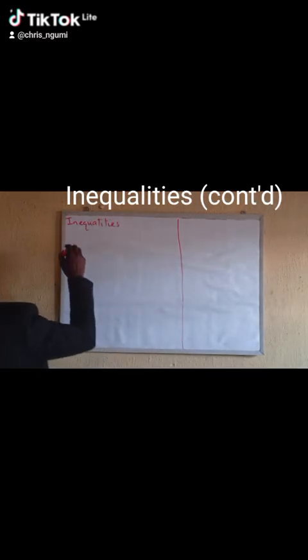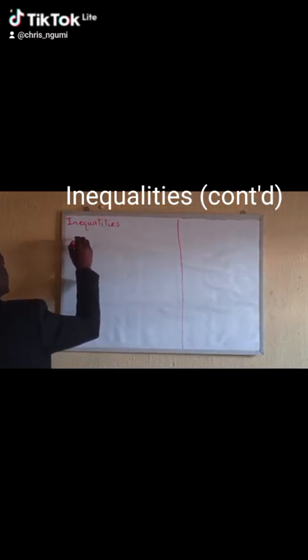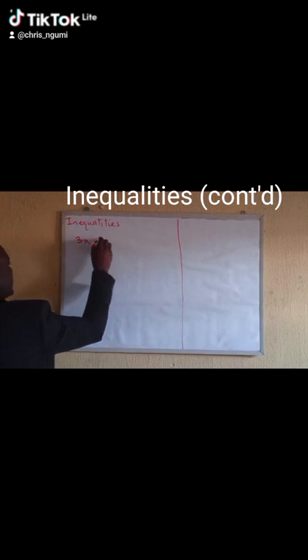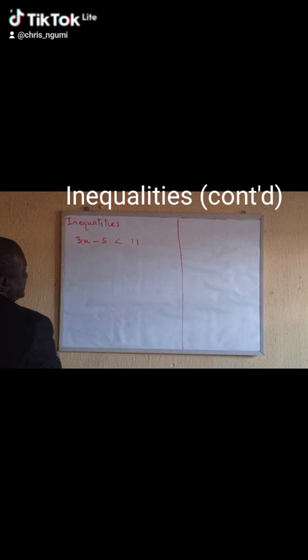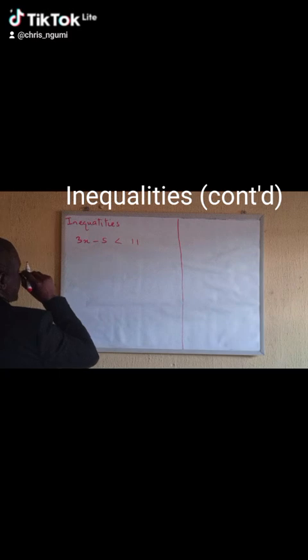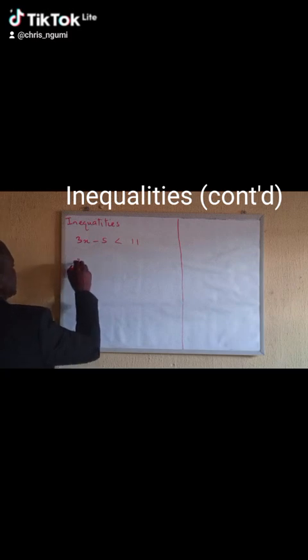For simple inequalities we have, let's say, 3x minus 5 less than 11. This is an inequality that is simple. Then the other form is inequality with brackets.